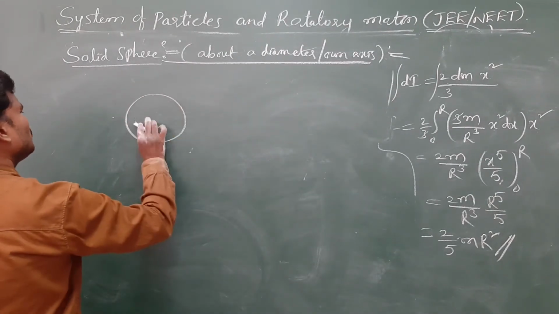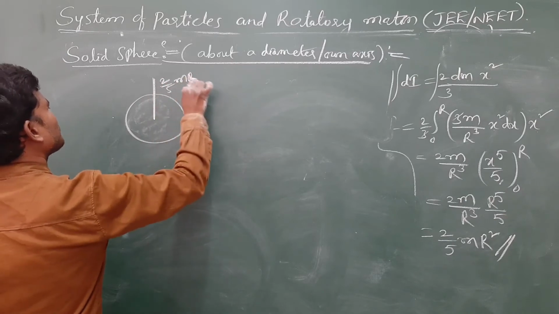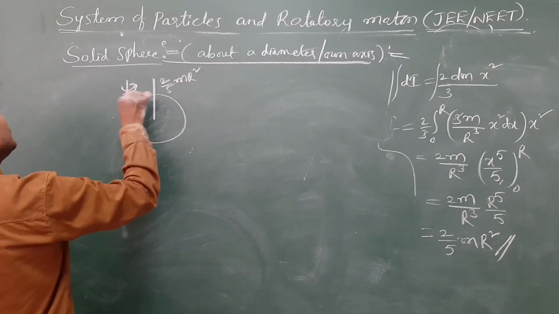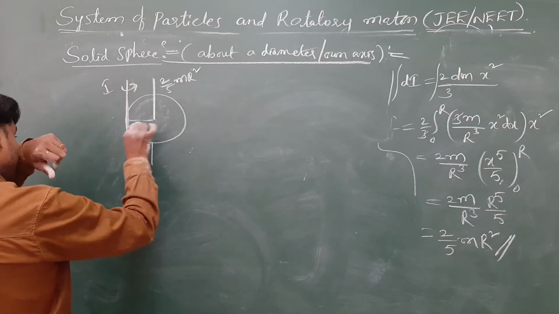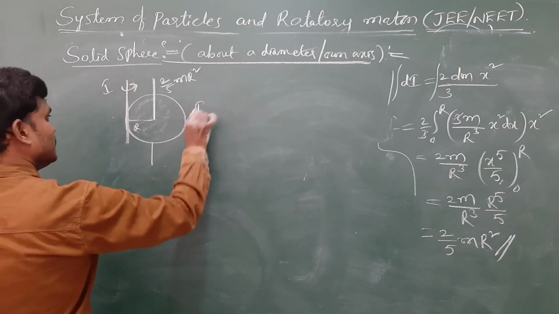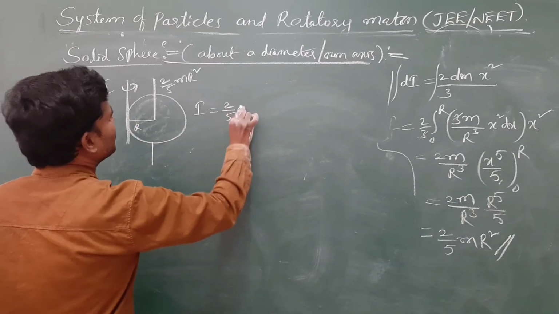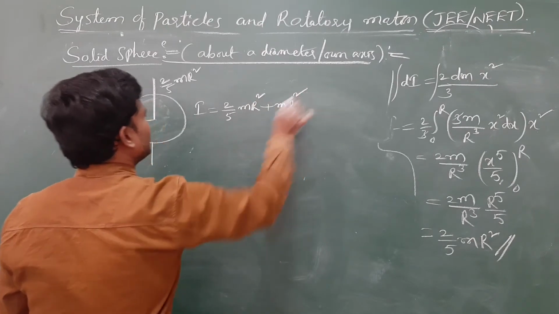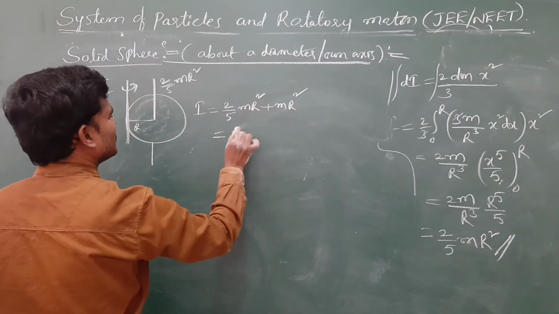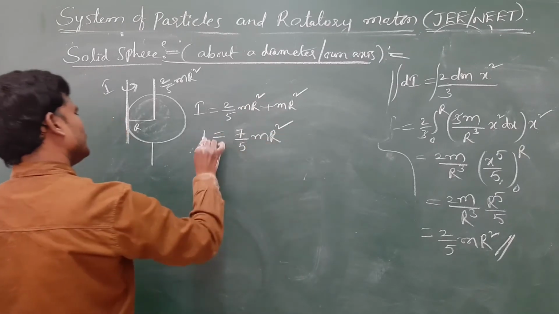See, this is the solid sphere. About this it is 2 by 5 mr square. About this means about a tangent. About a tangent, I is equal to ICM plus mr square. ICM is 2 by 5 mr square, so it is 7 by 5 mr square.